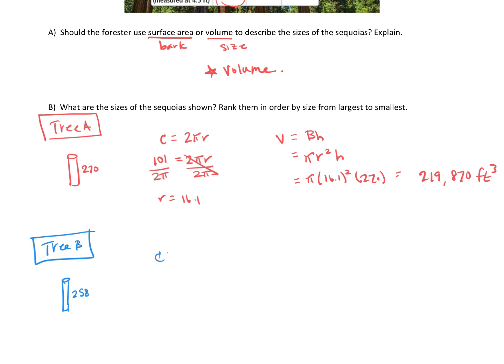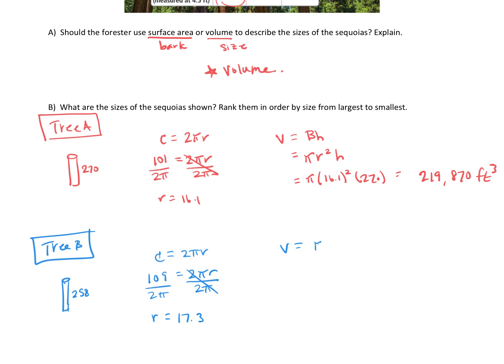So again, we're going to use our circumference formula, 2 pi r, to find the radius. The circumference is 109 equals 2 pi times the radius. To find the radius, we can divide both sides by 2 pi, and our radius for tree B is, we'll round it to 17.3.